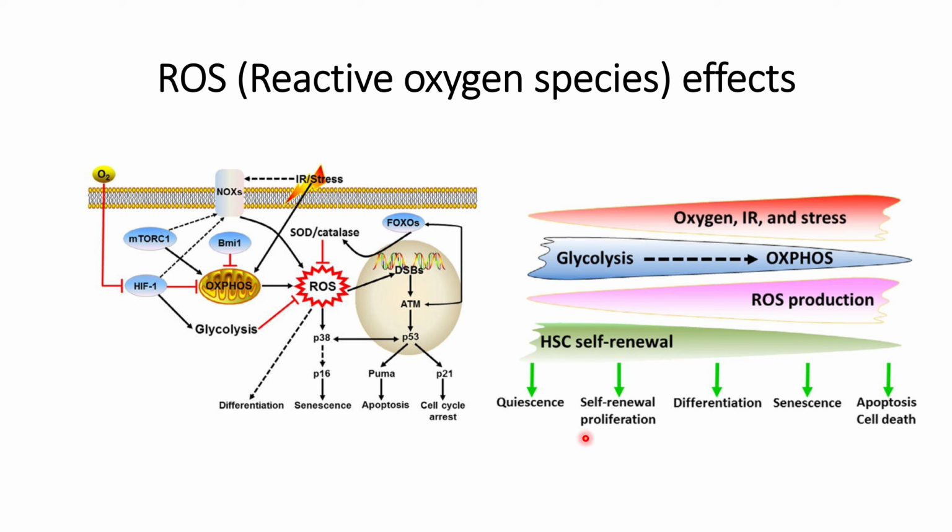After that, as the oxygen IR stress increases, it will cause problems. That is, it will differentiate unhealthy cells into undesired committed cells, and finally it will change the state of the cells to senescent state. And then the further increase in the oxygen IR stress will cause the cells to proceed towards apoptosis, cell death.